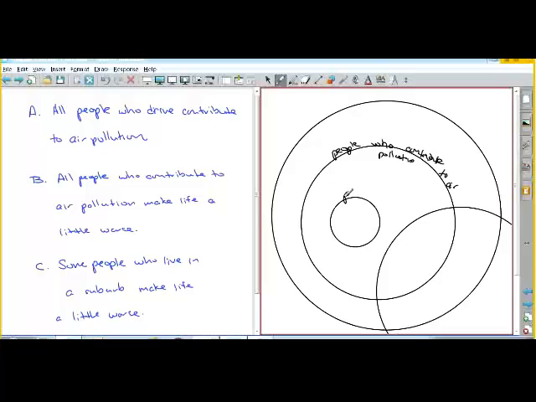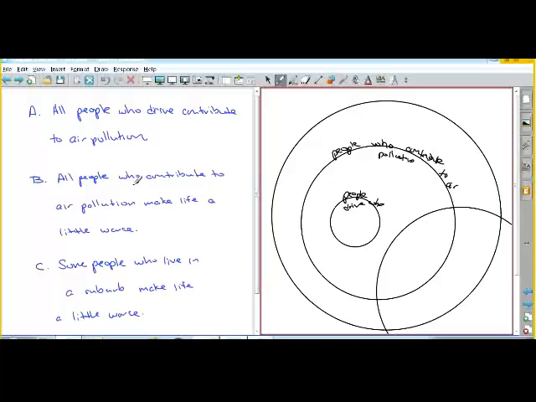All people who drive are people who contribute to air pollution.